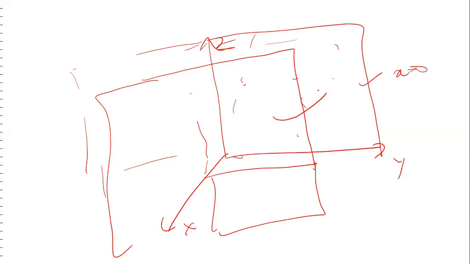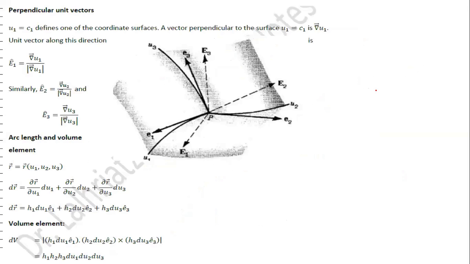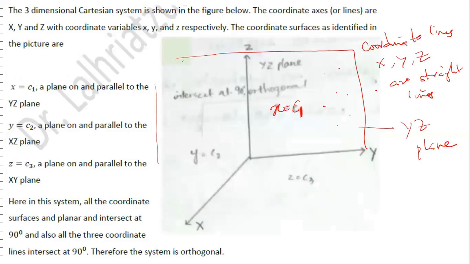Over this plane, x value may be, let's say, 1, 2. So x value may be 2. All right. So as long as x value is fixed, you have a perfectly planar YZ plane. So that is what we mean by x equal to C1. X equal to C1 is the equation of the YZ plane, the equation of one of the coordinate surfaces.